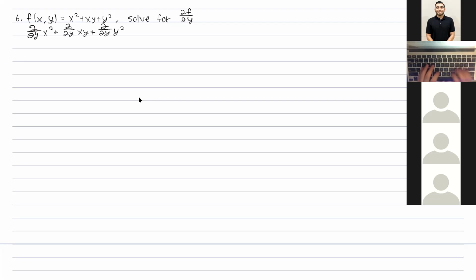So just by looking at this, we know this first term is going to go away because it's a function of x, and we're differentiating with respect to y. So this whole thing is treated as a constant, and the derivative of a constant is just 0, right? So we can get rid of this. That goes away, and now we're left with 2 terms.